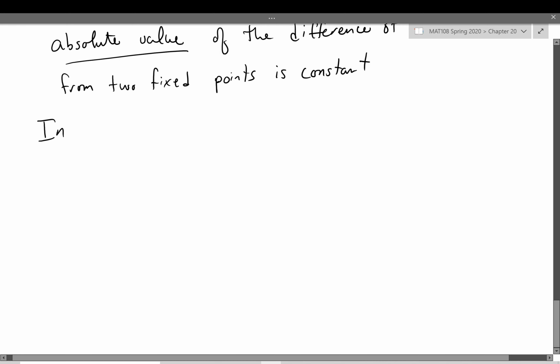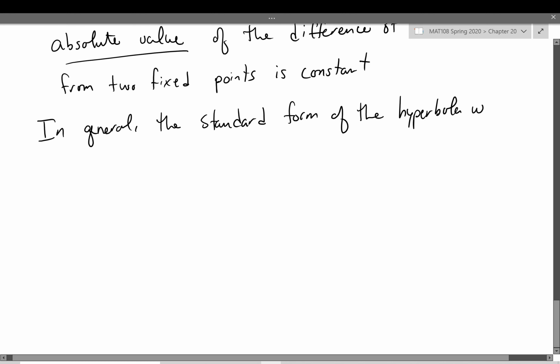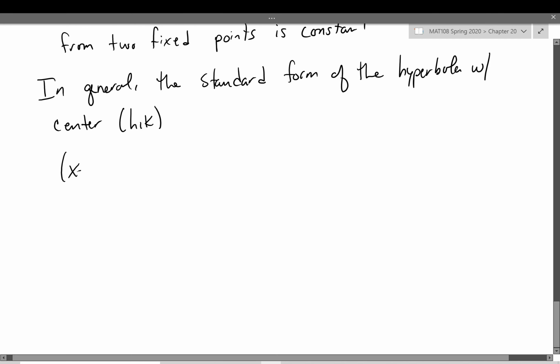So in general, the standard form of the hyperbola with center (h, k) is (x − h)² over a² — looks familiar, however, there's the big difference — minus (y − k)² over b² equals 1.